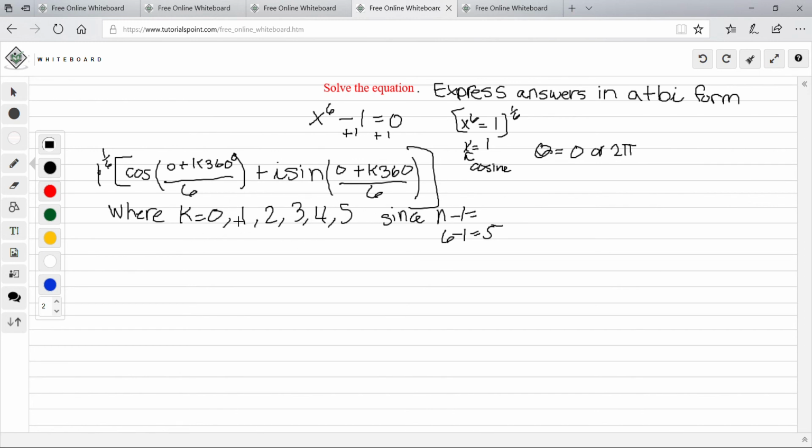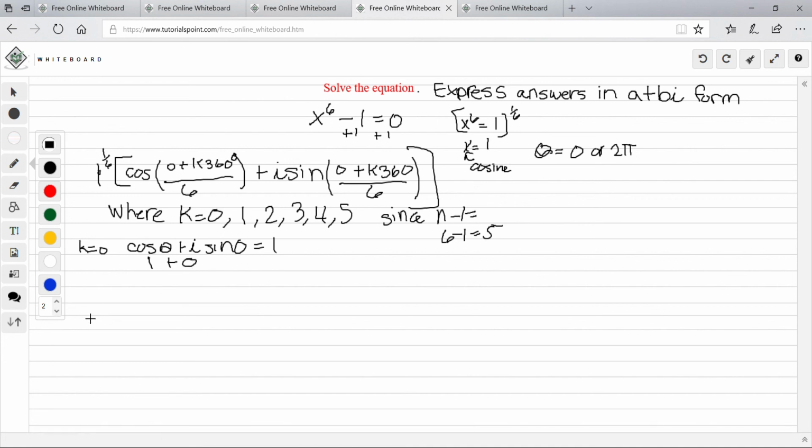Good. So when k equals 0, we get cosine of 0 degrees plus i sine of 0 degrees equals 1. So this just gives you 1 because cosine of 0 is just 1, and then sine of 0 is 0, so it's just 1.